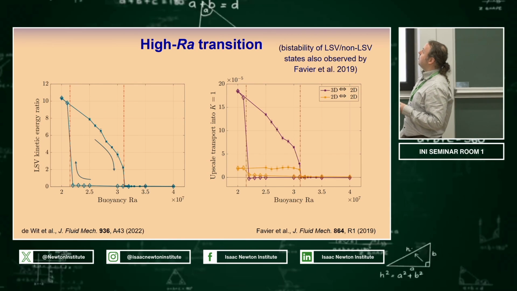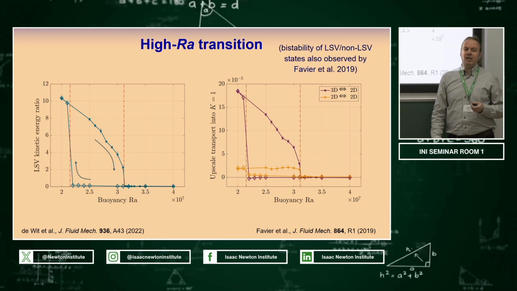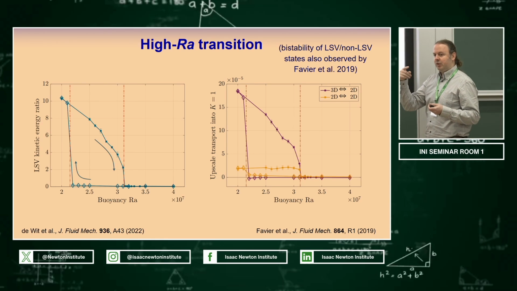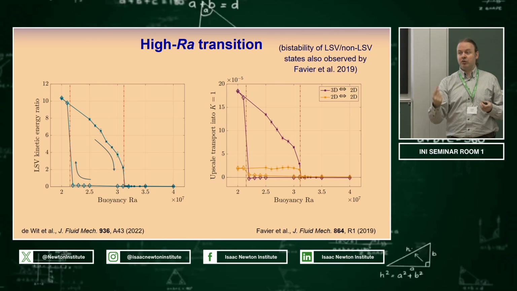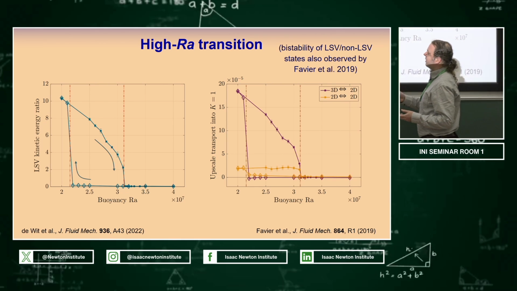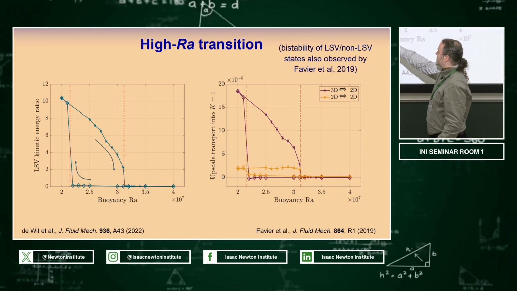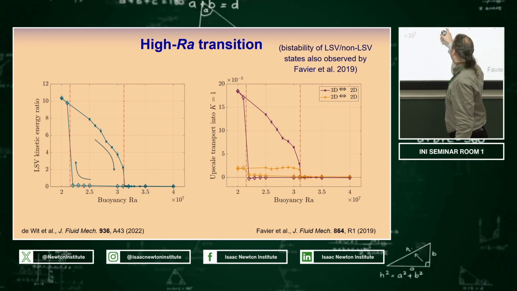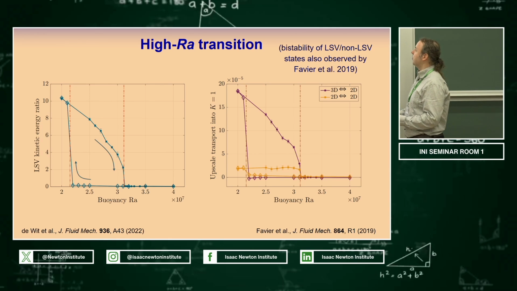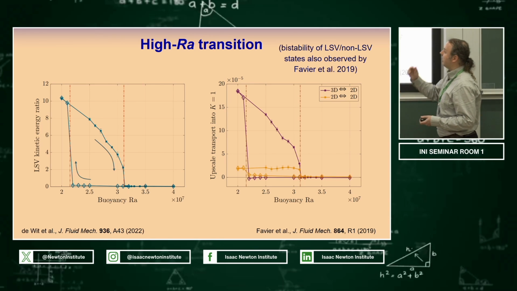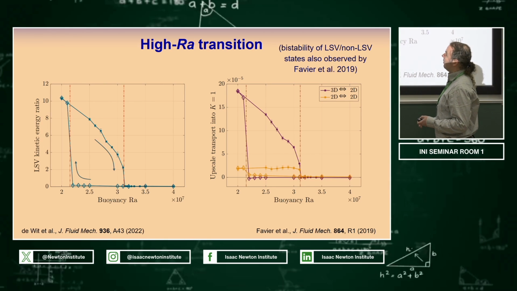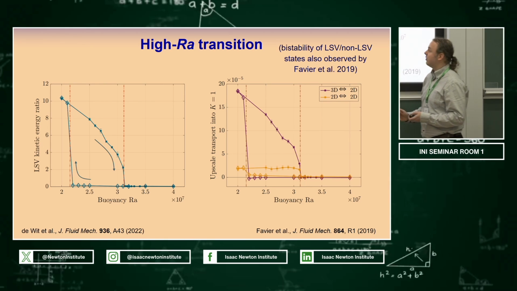So then it's time to move on to the transition at higher Rayleigh numbers. This is where, in fact, the forcing can become too strong to overcome rotational constraint. Now, I once again show this kinetic energy ratio between 2D and 3D modes and the transport of energy into the k equals 1 mode. And now we see a distinctly different type of situation where there's a clear hysteresis going on.